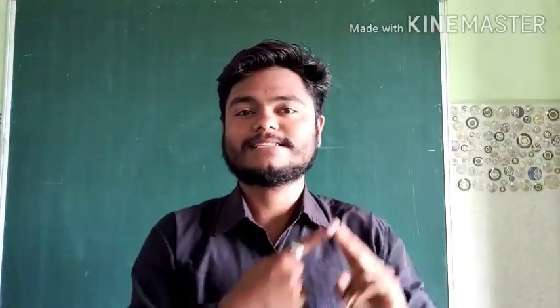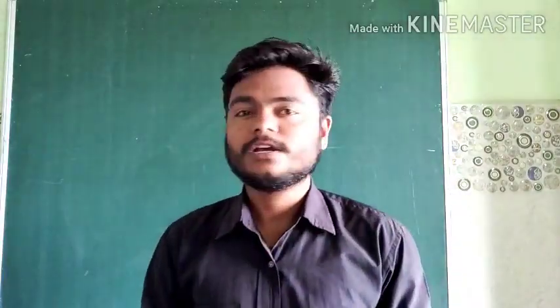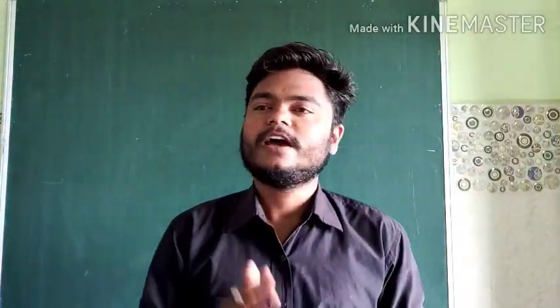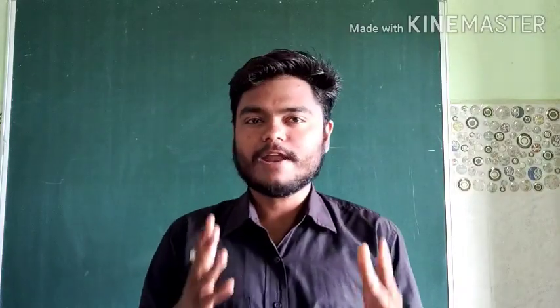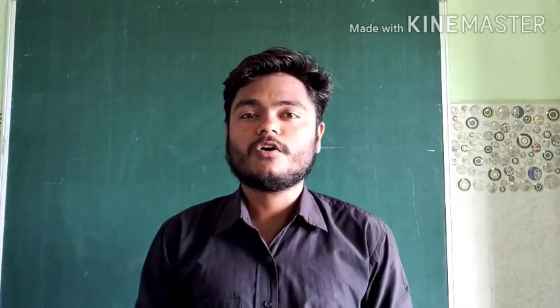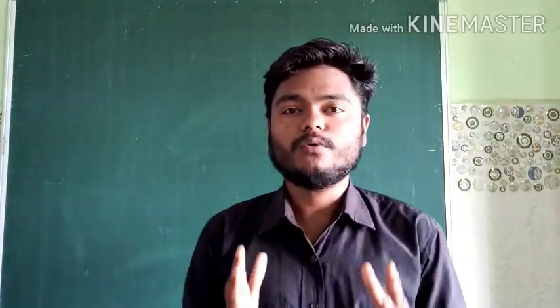These are the two vessels used for transporting different substances throughout all body parts of the plants, right? Xylem and phloem are the vessels used for transporting food material and water from the soil. So we will see how this vascular system helps photosynthesis.